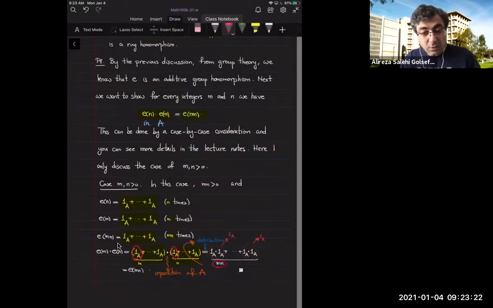Notice 1_A is the identity of the ring A. Therefore, 1_A times 1_A is nothing but the identity of the ring A. So I'm adding 1_A, mn times. That's by definition E(mn). So we got the desired equality, which means E preserves multiplication, and therefore it's a ring homomorphism.